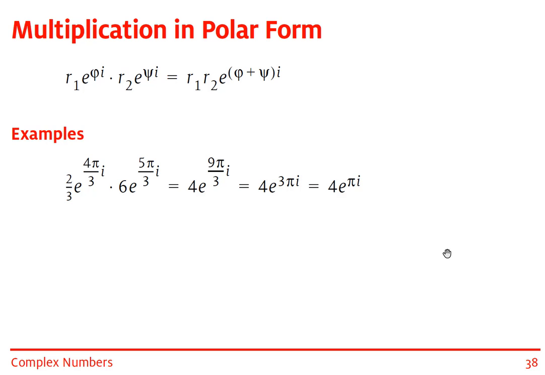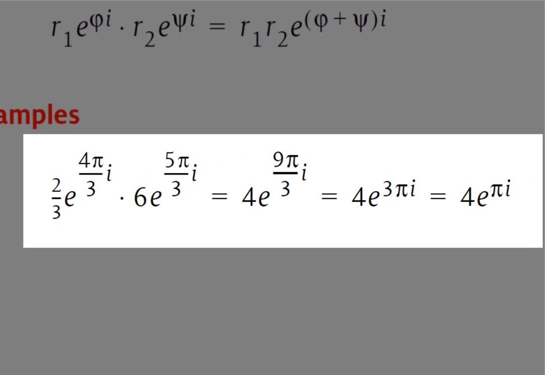A second example, we multiply the two numbers 2/3 e to the power of 4 pi third i and the number 6e to the power of 5 pi third i.